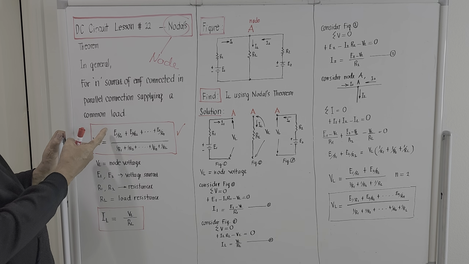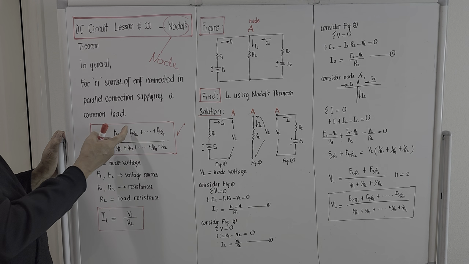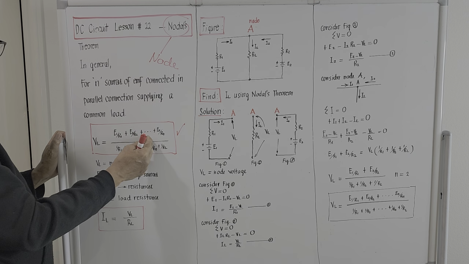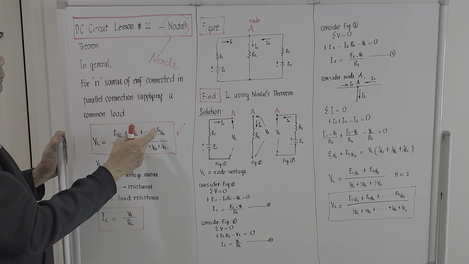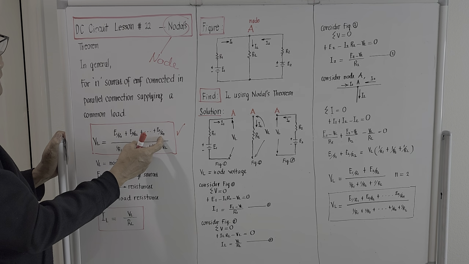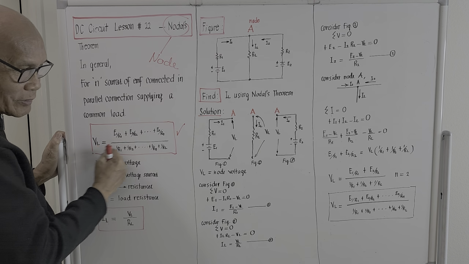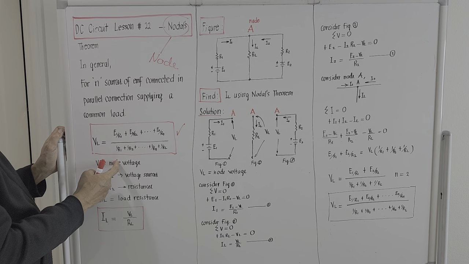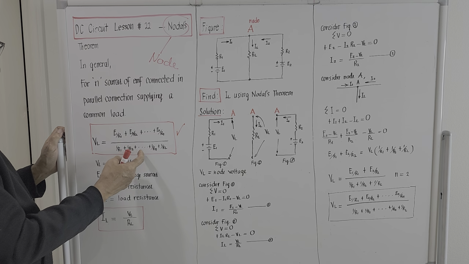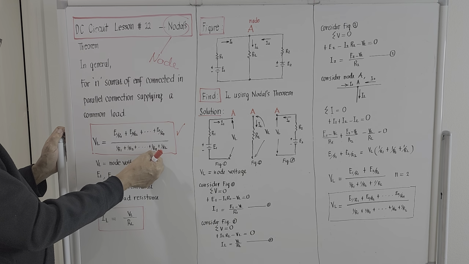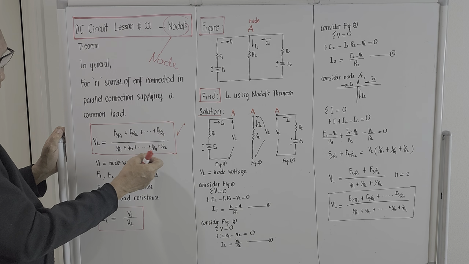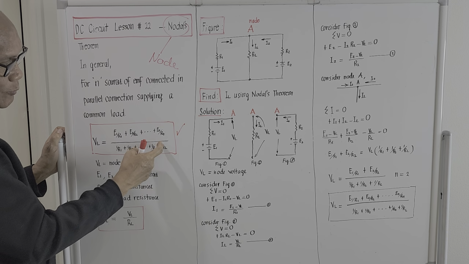It will be E1 over R1 plus E2 over R2 plus ... The last part will be E sub N over R sub N. The resulting denominator will be the summation 1 over R1 plus 1 over R2 plus ... The last part here will be 1 over R sub N plus the load RL, 1 over RL.